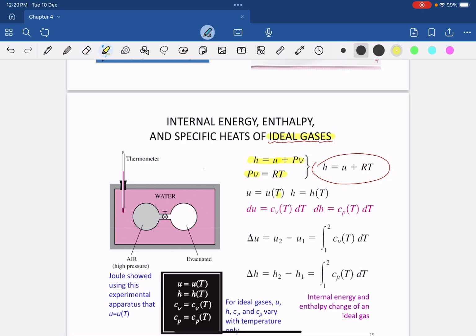The same goes for enthalpy. Therefore, the specific heat capacity for constant volume, and the specific heat capacity for constant pressure, are also functions of temperature. Meaning to say, these values depend on the temperature range.